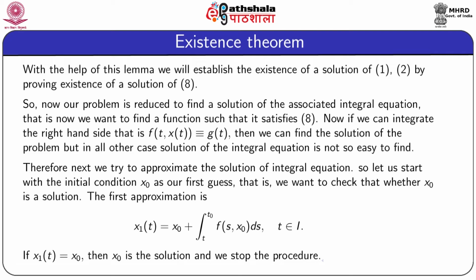Let us start with the initial condition x 0 as our first guess, that is, we want to check whether x 0 is a solution. The first approximation is given by x 1 t is equal to x 0 plus the integral from t 0 to t of f s ds, t belongs to I. If x 1 t equal to x 0, then x 0 is the solution and we stop the procedure.